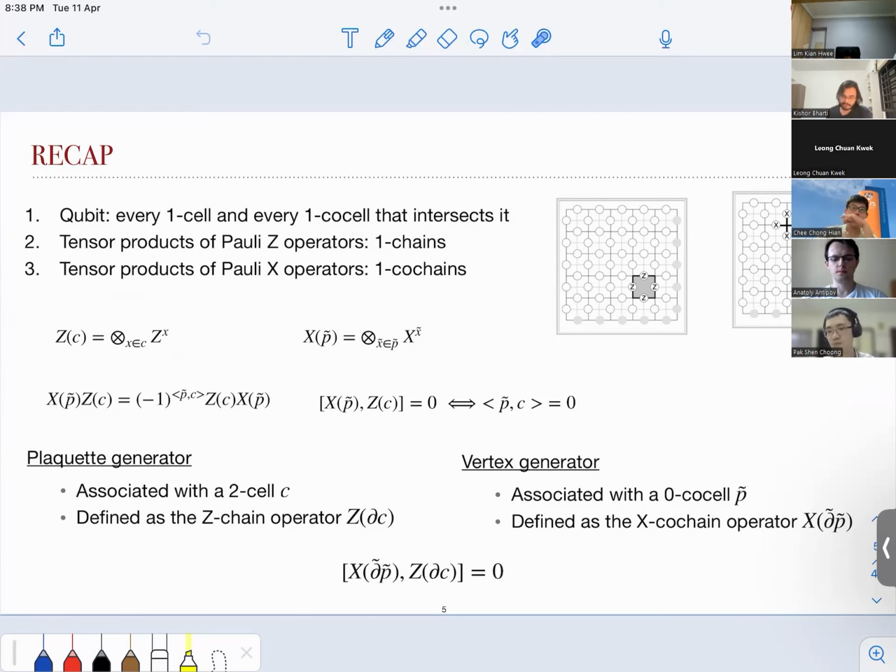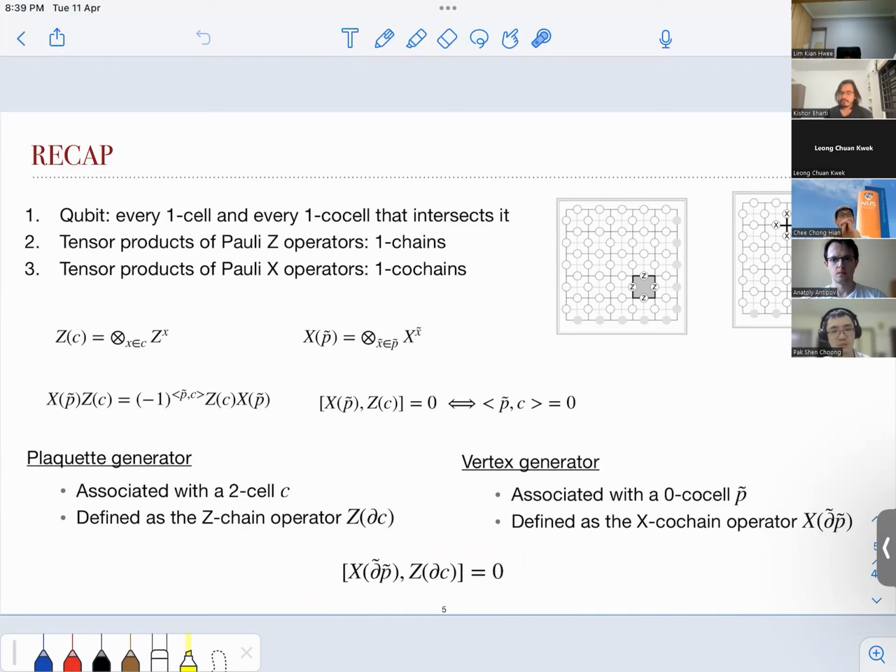Their commutation relation is captured via the inner product, which is defined modulo 2, of the corresponding cells and co-cells. Then we also discussed the plaquette generators in this language. They are associated with two cells and defined as a Z chain operator Z of delta C, where delta is the boundary operator. The vertex generator is X of delta tilde P tilde, and their commutation relation is here.